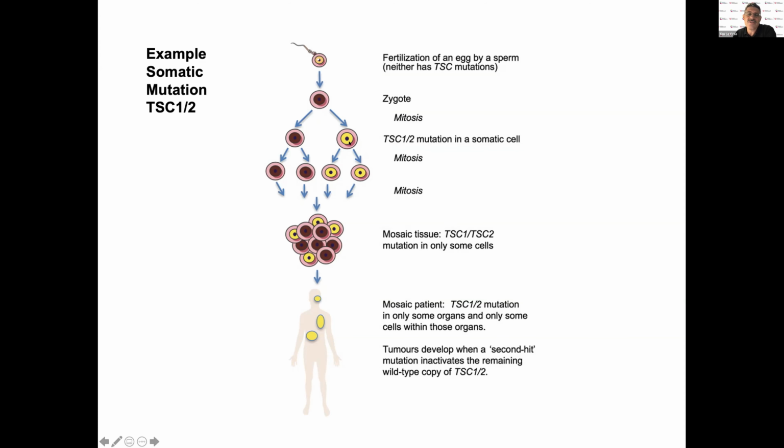So mutations in these cells in the embryo can then give rise to mutant cells within the embryo, resulting in a kind of mosaic tissue where you've got normal cells for the most part, but then somatic mutations in some cells in different parts of the body. We're learning again that this is the case in lymphatic anomalies, where the somatic mutations give rise to abnormal lymphatic vessels.